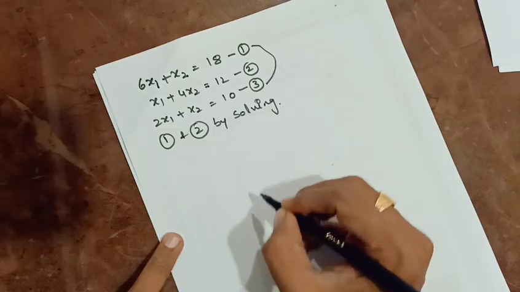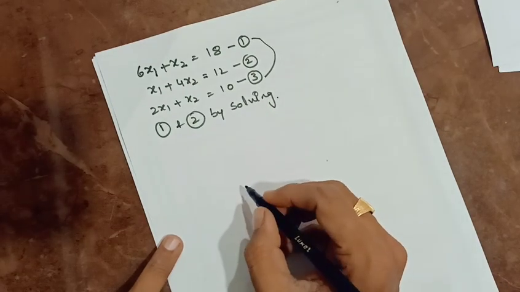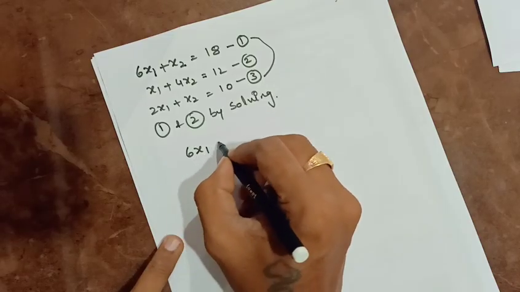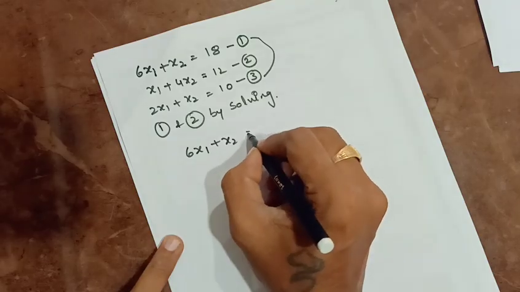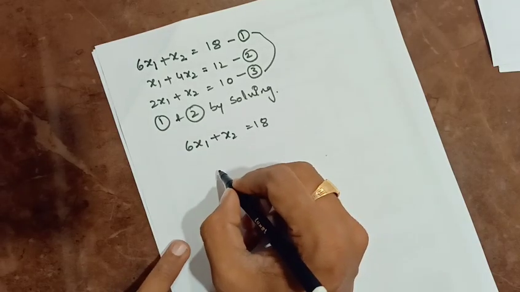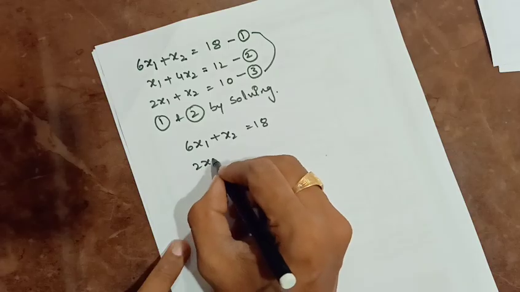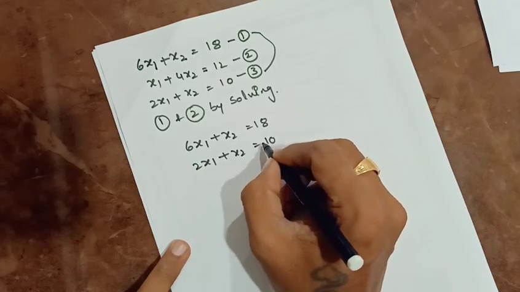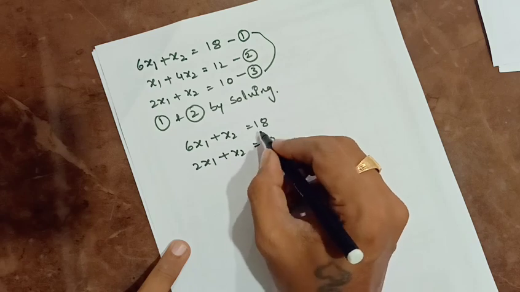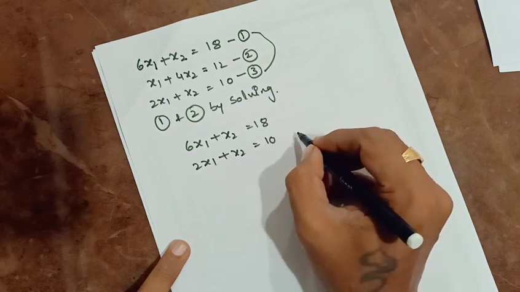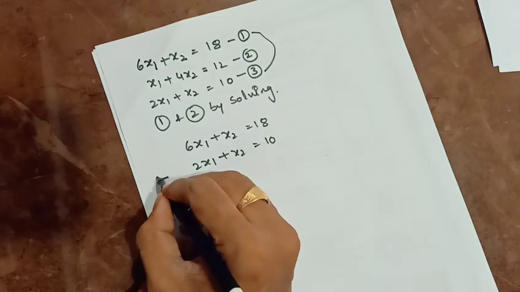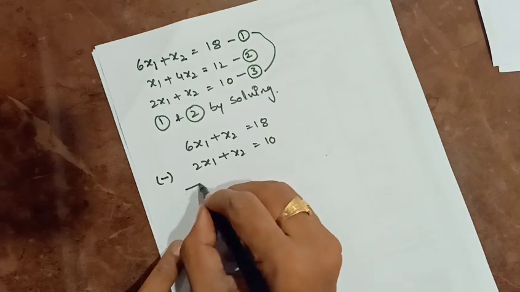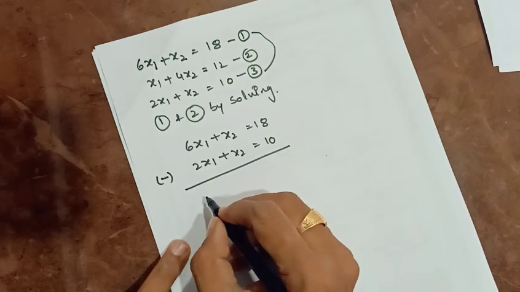The first one is 6x1 plus x2 equals 18. The third one is 2x1 plus x2 equals 10. To solve these two equations, if we subtract, we can find a particular value.